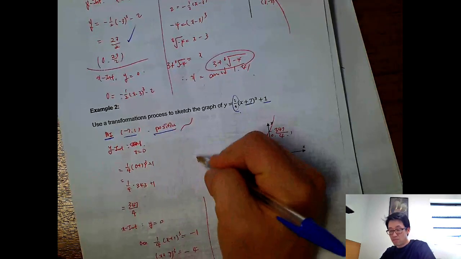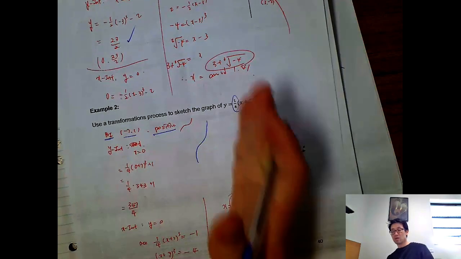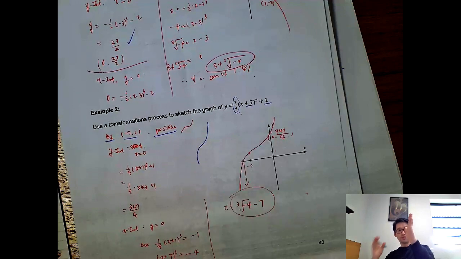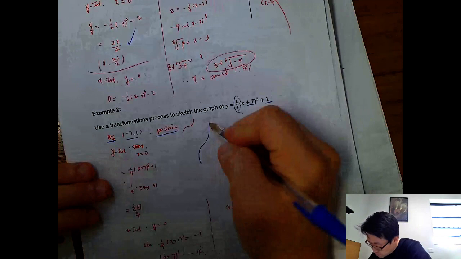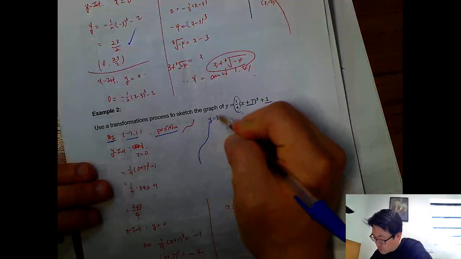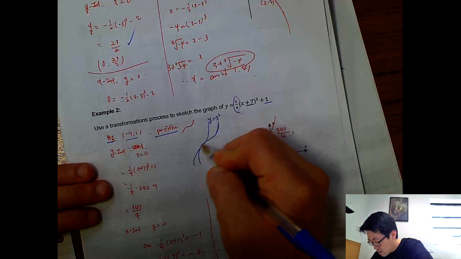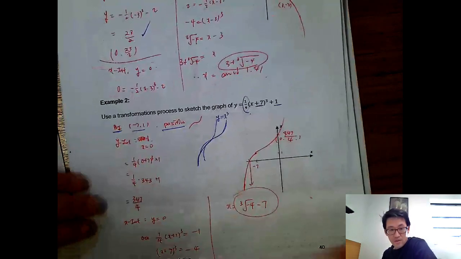Yes, positive, going up, but it is 1 over 4, so it's smaller than 1, isn't it? So this one will go down a bit. If this was y equals x cubed, it will be more like that, flatter, less increase.